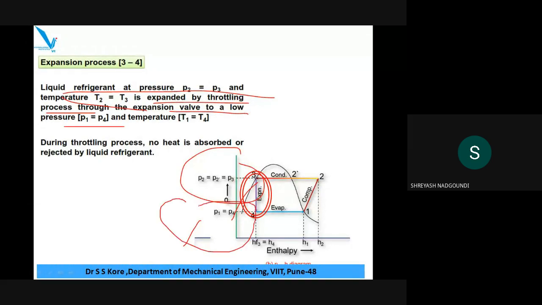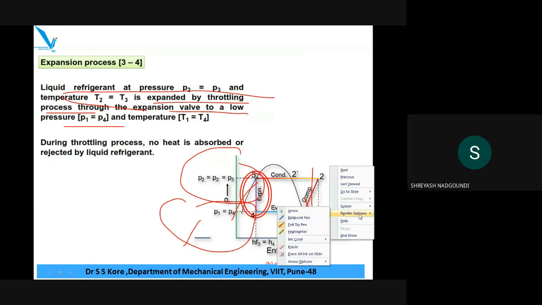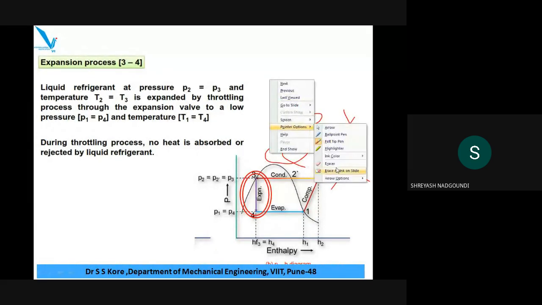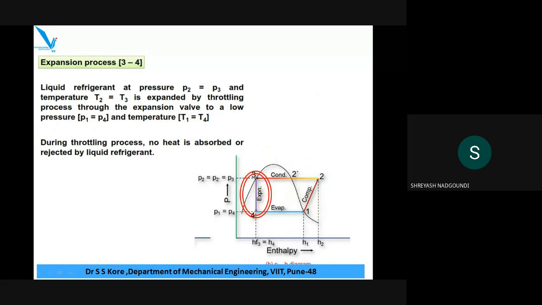It is expanded from high pressure to low pressure, P1 equal to P4 and T1 equal to T4. During throttling, no heat is absorbed, no heat is rejected, and there is no work done. Work done is 0. Heat supplied or rejected is 0. Okay. So we'll go to the next case.